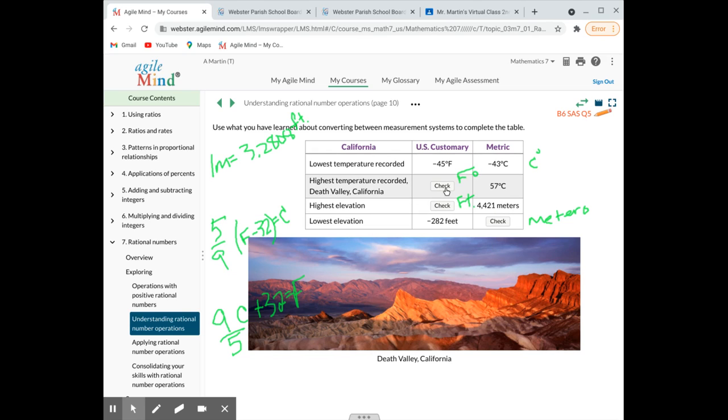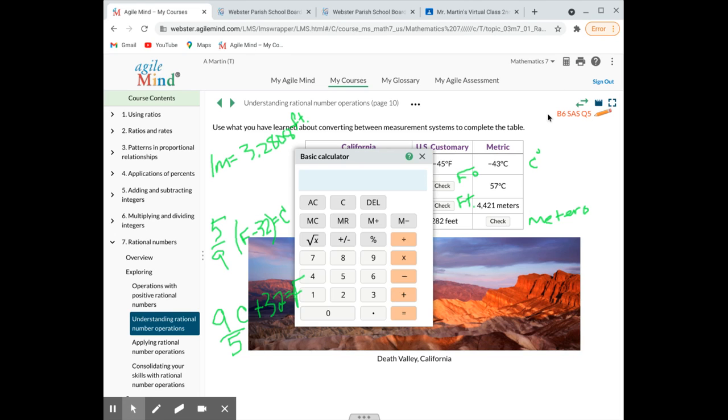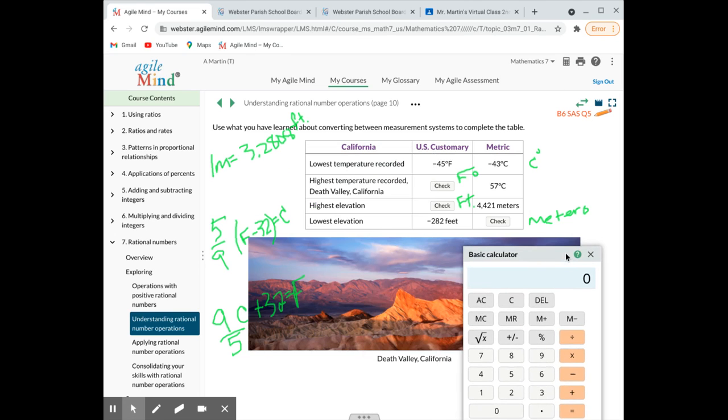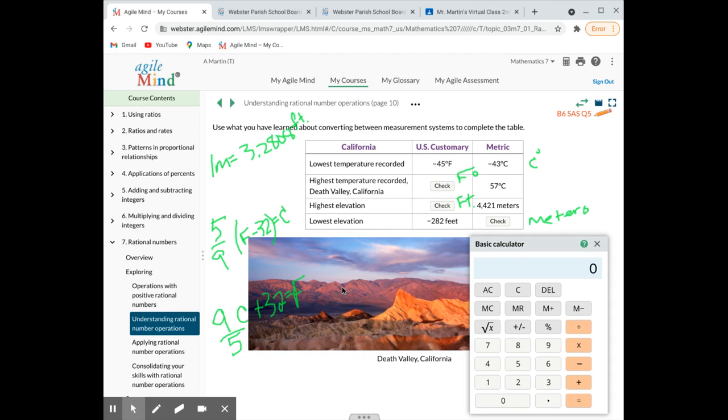All right, Haley, I want you to tell us how to go from Celsius to Fahrenheit. Chandra, show us how to go from Celsius to Fahrenheit.